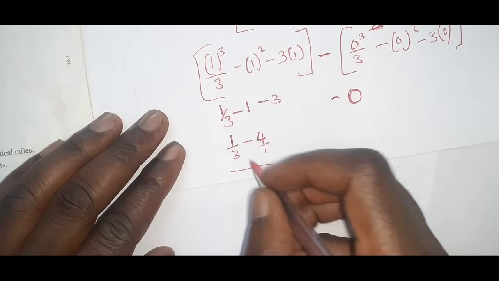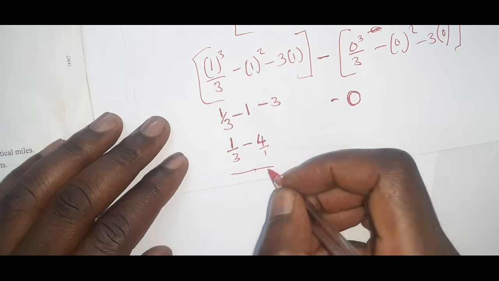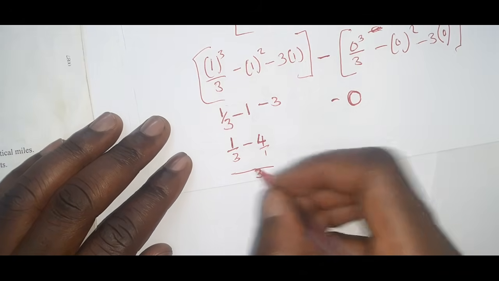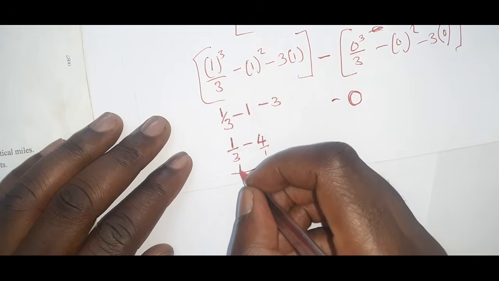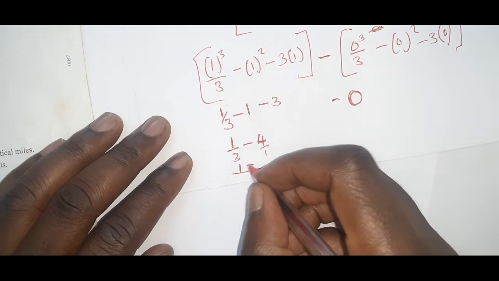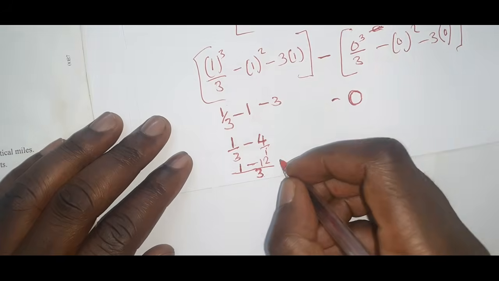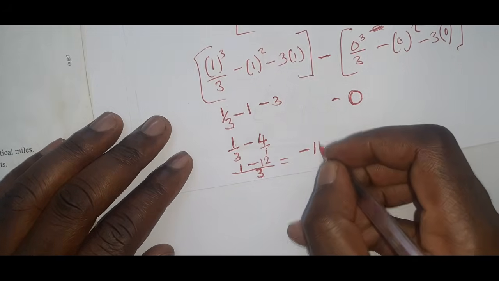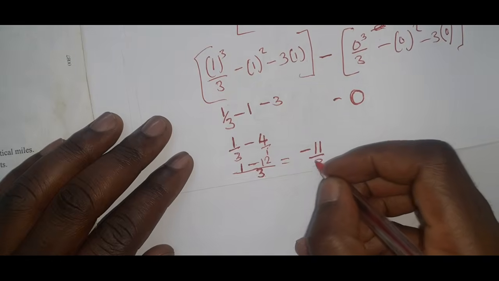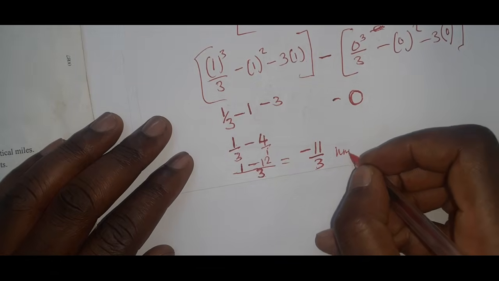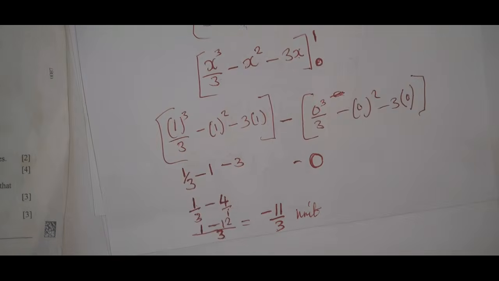Okay, so now we are working out with this one. We say what is common here. 3 is common. This here, it's 1. We say 1 multiplied by that will be that. Then 3 times 4 will be 12. So we have negative 11 over 3.